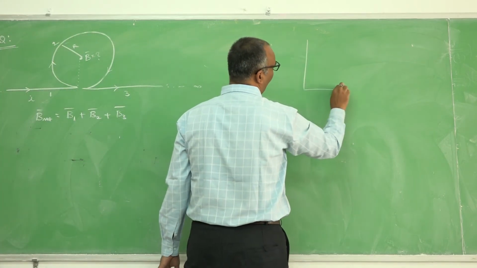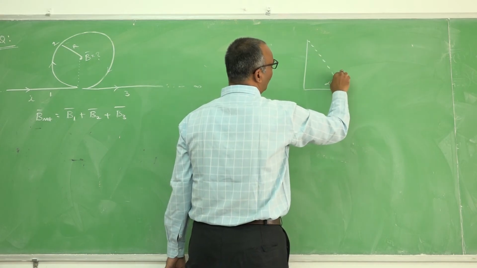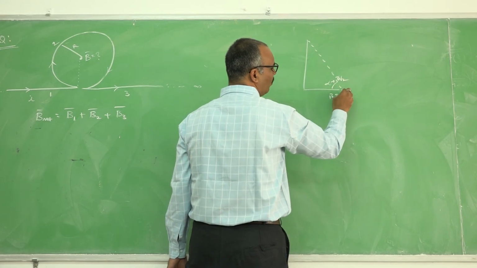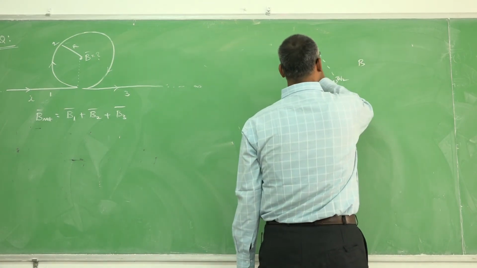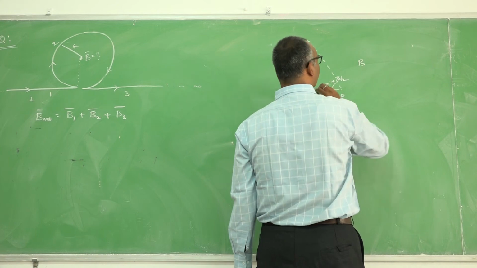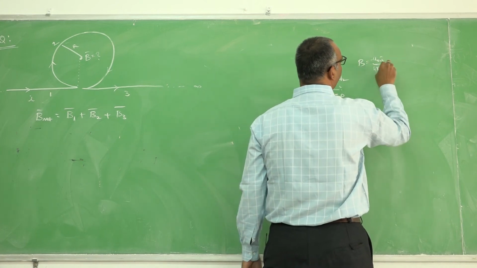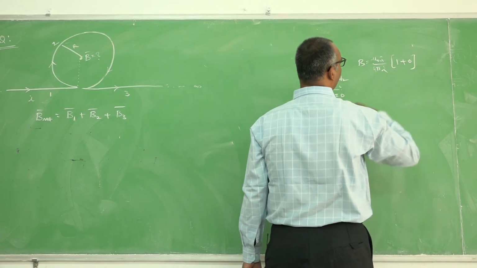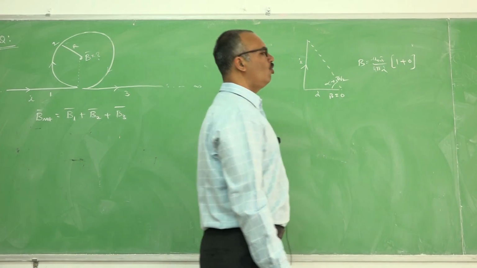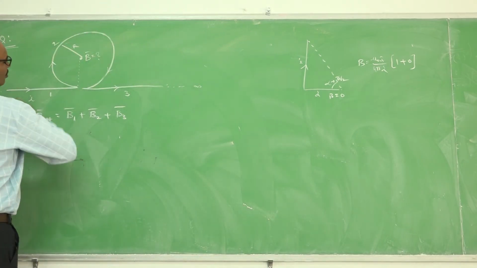Here alpha tends to pi by 2 and beta is 0. Then the strength of the magnetic field, with current I at a distance d, is mu naught I by 4 pi d times sin alpha plus sin beta. Sin 90 becomes 1, sin 0 becomes 0. So mu naught I by 4 pi d is the strength of the magnetic field because of the first wire.